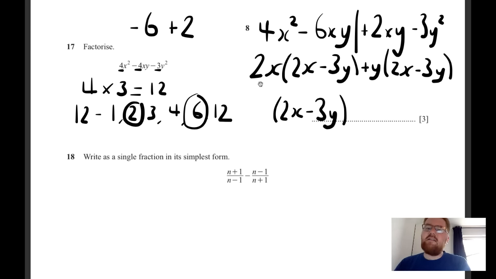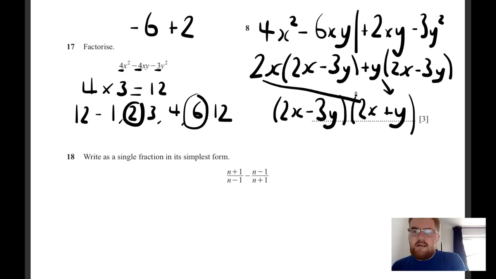And then we take the things outside, so the 2x and the plus y, and that's going to make our second bracket. So probably the most confusing part, this 2x plus y, that comes from this y here and this 2x here. That's where those terms come from. And that's finished, and that's correct.